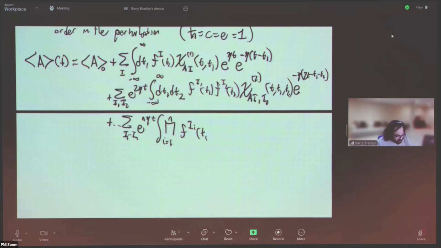Sum over all these indices, products of all of these f sub i's with some factors of e to the eta t sub I minus t. And then an nth order function chi sub n that depends on all of these indices and all of these functions.